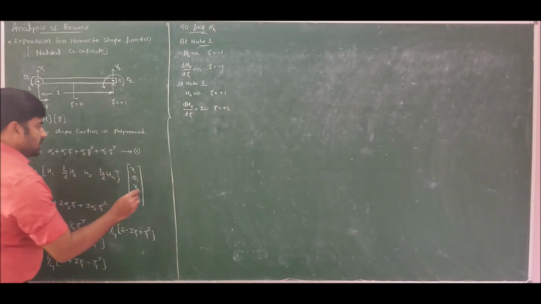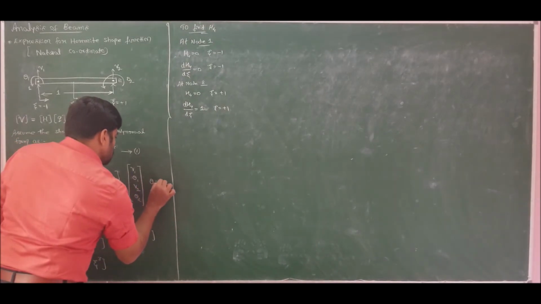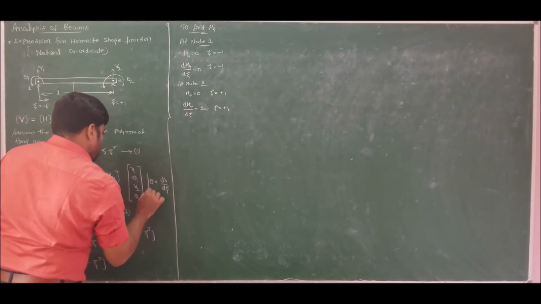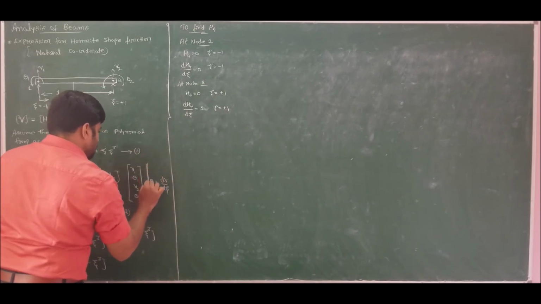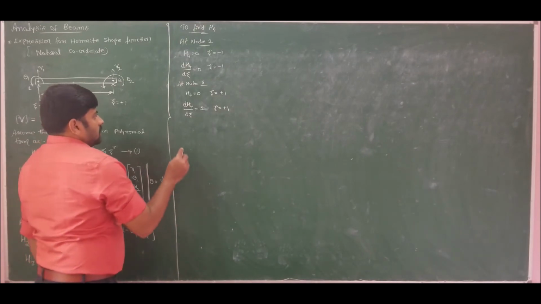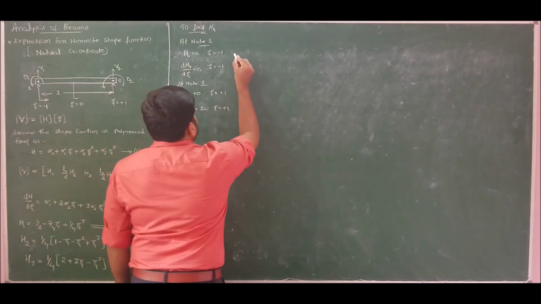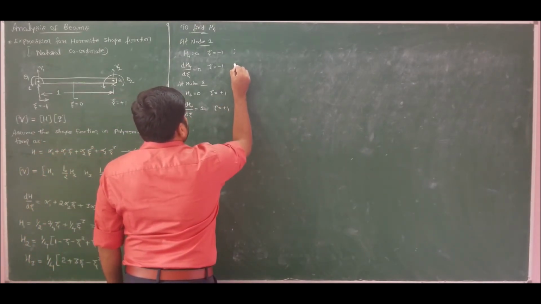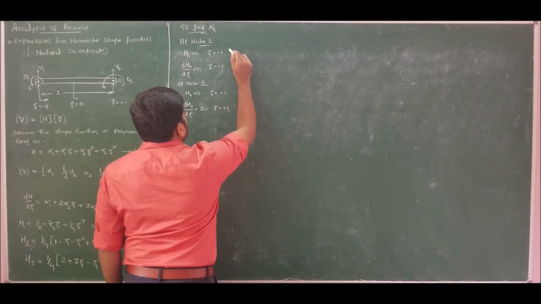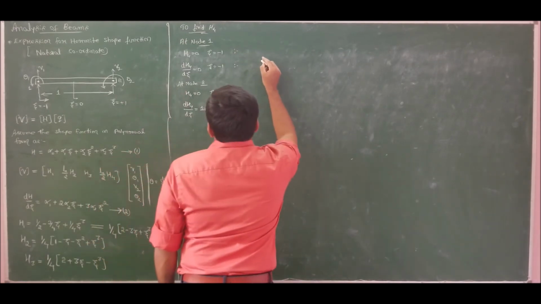We know that theta is nothing but dv by d zeta here, whereas for the Cartesian coordinate system it is dv by dx. So hence we have the 4 equations. Solving those 4 equations, I will get the 4 constants.